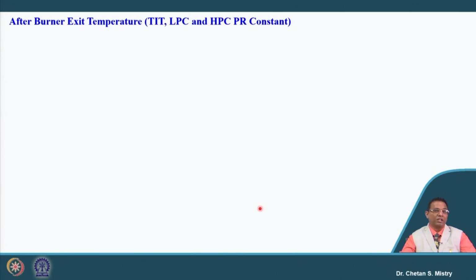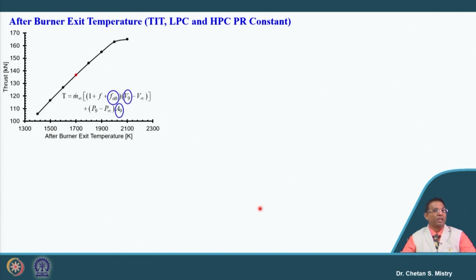In line with that, let us look at afterburner exit temperature, that we want to be higher. Here in this case it says when we are increasing our afterburner exit temperature, we are able to increase the thrust. But be careful, this increase of thrust is at the cost of the amount of fuel we are adding in the afterburner.